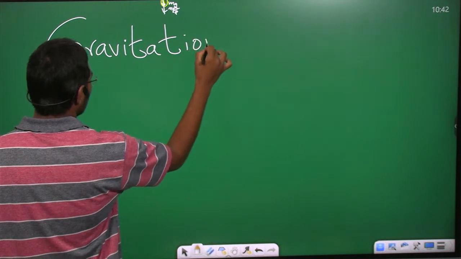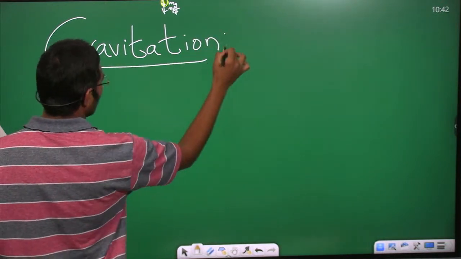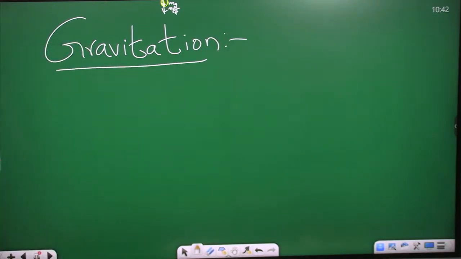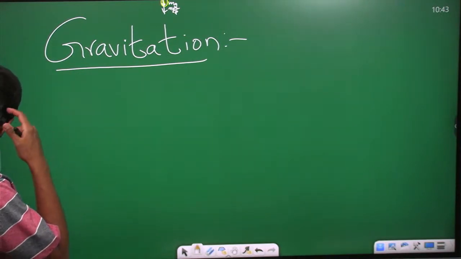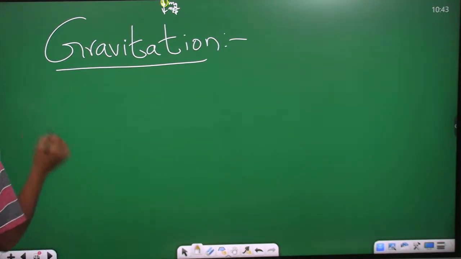Try to write the formulas you know about gravitation. Okay Anji, you will get math solution in coming session. See, what all formulas do we have in gravitation? What is the force?